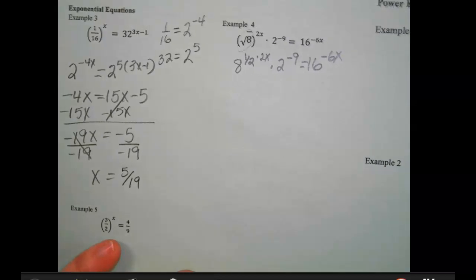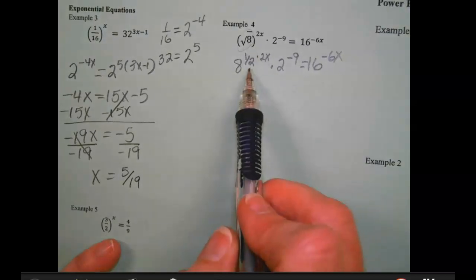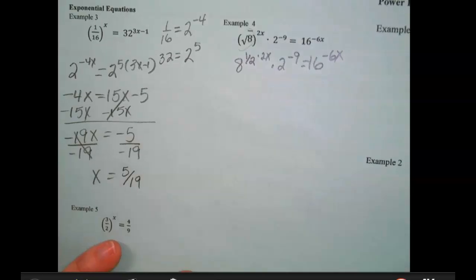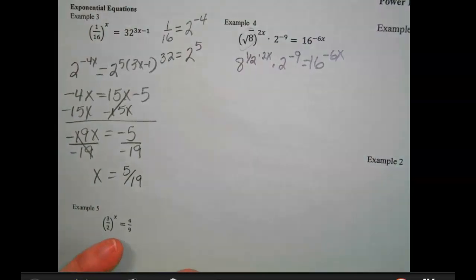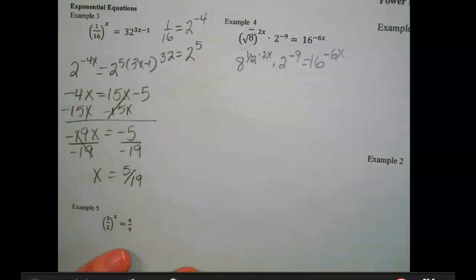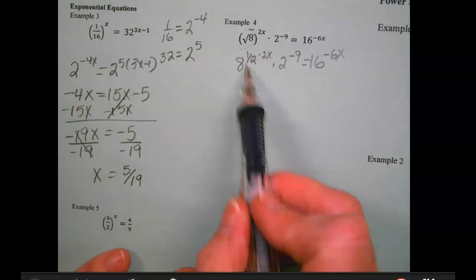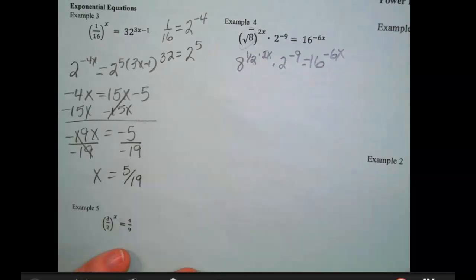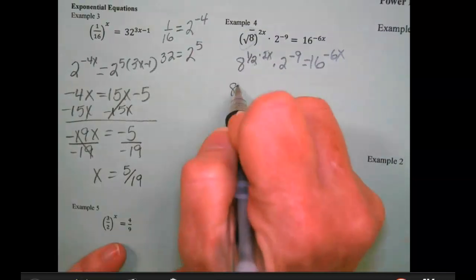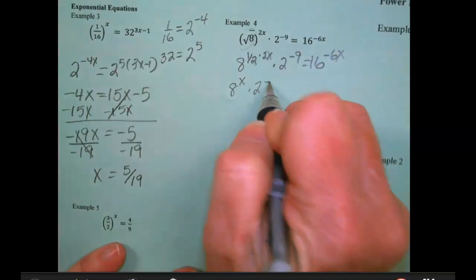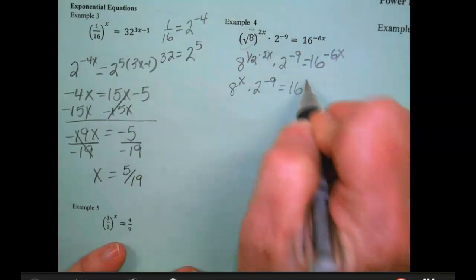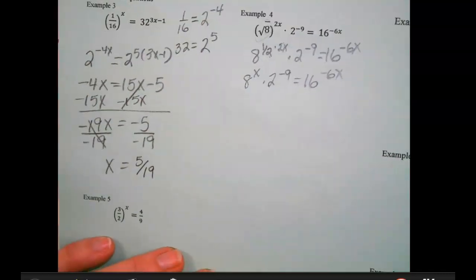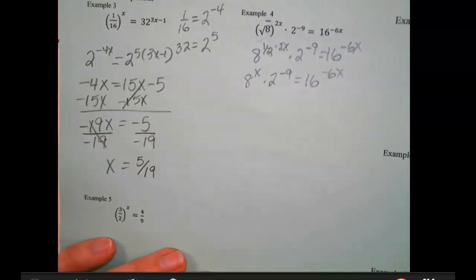Does everybody see what I did? I just changed the square root to 1/2. And why do you think I did that? Right, because if I take 1/2 of 2, what happens to these 2's? They cancel. So now I have 8 to the x times 2 to the negative 9, and then 16 to the negative 6x, and that's way better than with the mess, right?